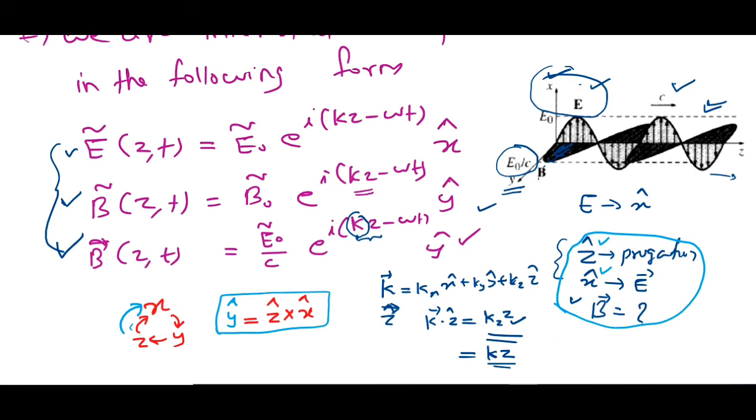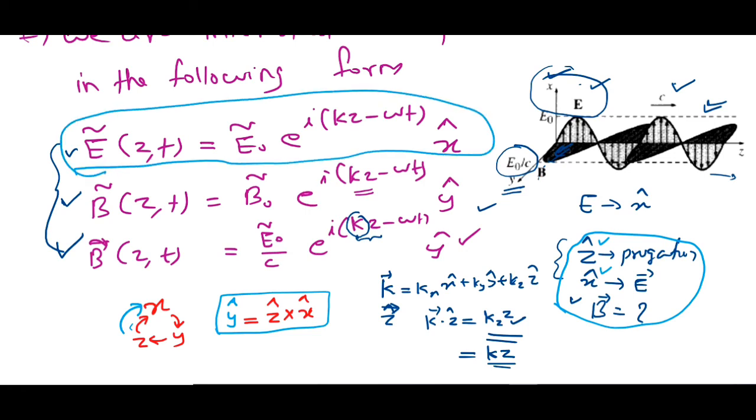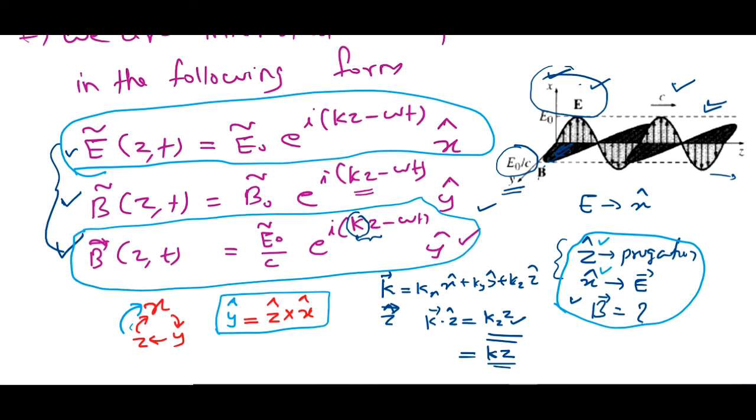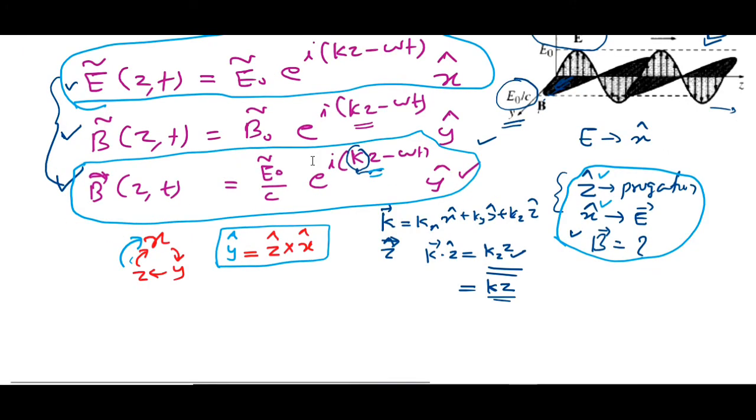Now if you compare this electric field equation and this magnetic field equation, then if the propagation direction z is given and you are asked to find out the magnetic field, what we have to do is, this z can be taken as the propagation direction, therefore I can write k.